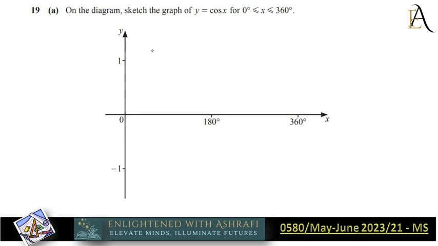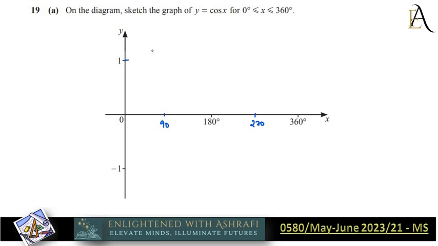Cos 0 is 1, so we will start from here. Then let's take 90, 270. Now cos x will be between 1 and -1, so see to it that you make proper graphs, it doesn't go beyond 1 and -1.